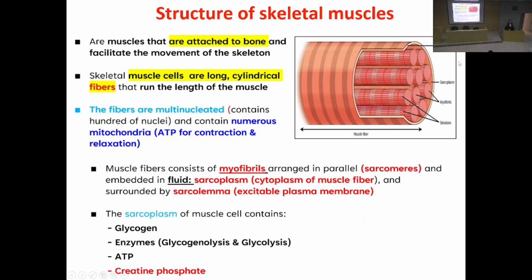This is the excitable muscle membrane. In the sarcoplasm we also find molecules which help with the energy supply. We can find ATP, creatine phosphate, and glycogen, but we can also find the enzymes involved in the glycolysis of glucose or the conversion of glycogen into glucose.